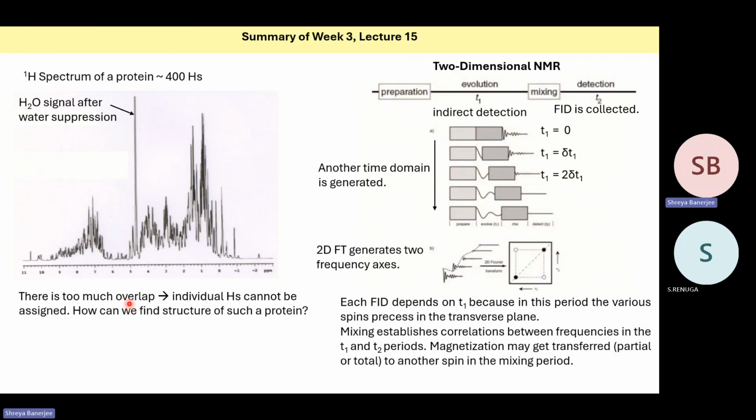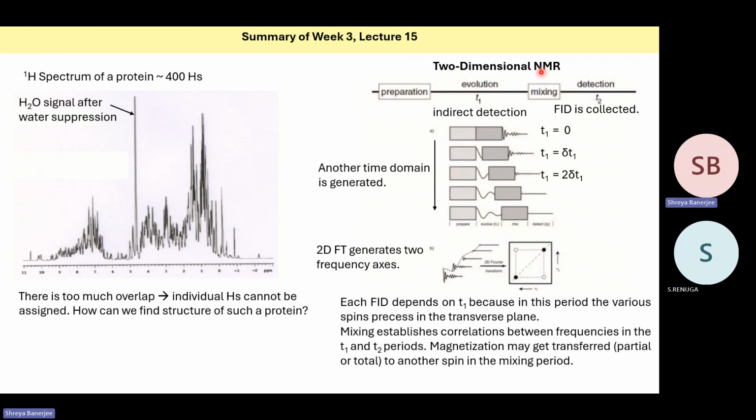So for this, it was thought that 1H NMR includes only one frequency or one time axis. Somehow if another time axis can be introduced, the crowded nature of the spectrum can also be resolved. So then two-dimensional NMR was introduced.